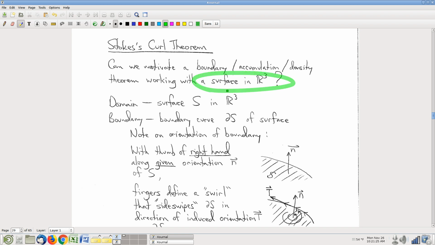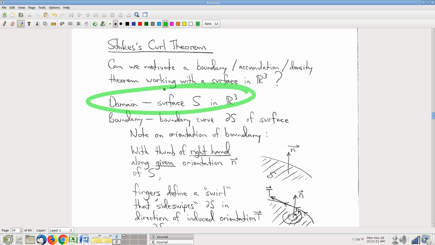Now let me go through this next bit quickly, because we already talked about it. As I just stated, we're going to be talking about surfaces in R3. I should say oriented surfaces in R3. So not just some set of points, but a set of points with an understanding that there is a well-defined positive direction through that surface, be it up or down or sideways or whatever.